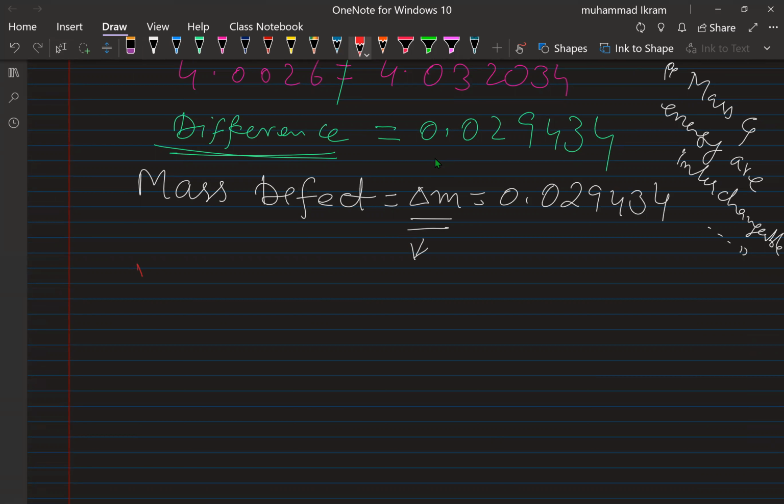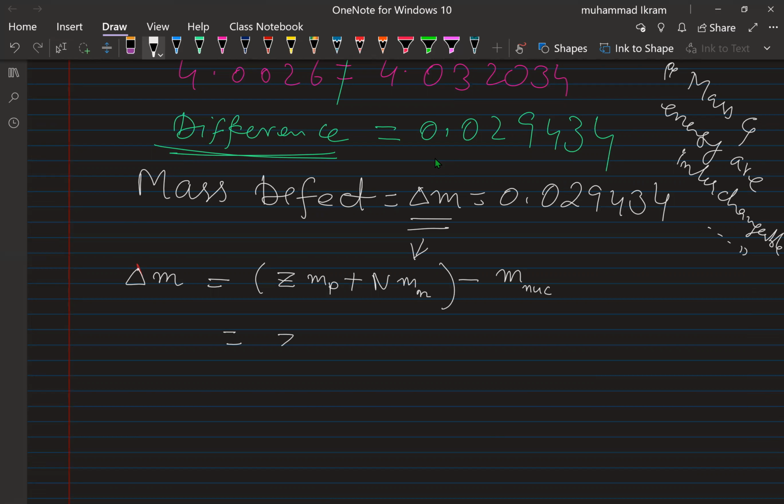The mass defect can be found by calculating the combined mass: Z into the mass of one proton plus N, the number of neutrons, into the mass of one neutron, minus the mass of the whole nucleus.